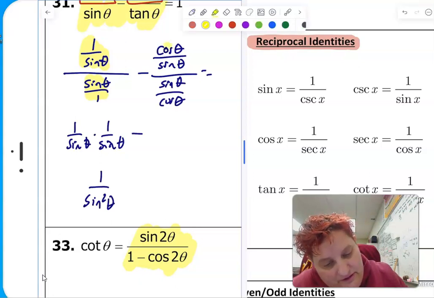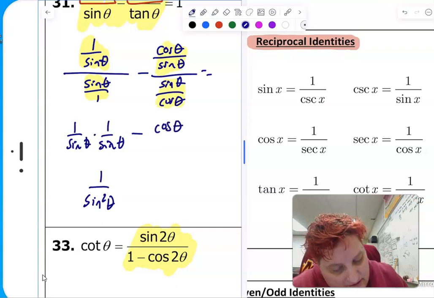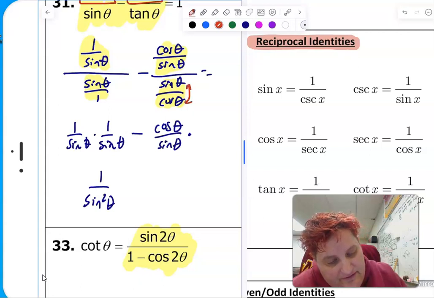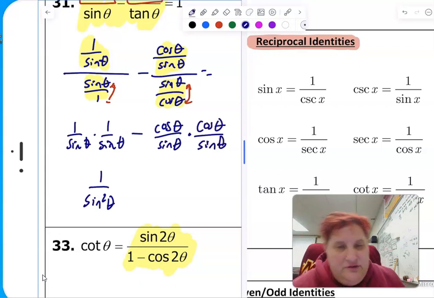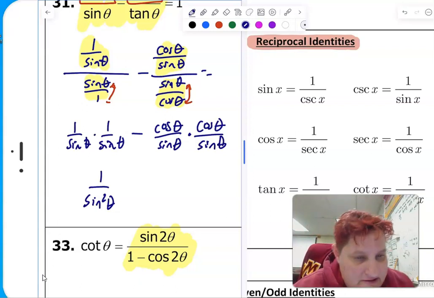Now I'm going to do this one. Keep change flip. So this one is cosine over sine times, okay, this is the one I've got to flip, times cosine over sine. Okay, they don't cancel out, unfortunately, when I keep change flip. The cosines are on top, sines are on the bottom.